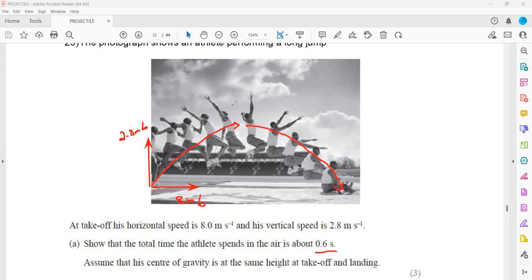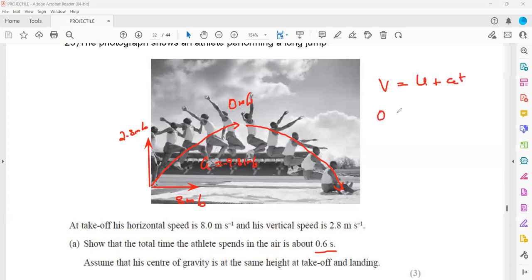So the vertical component will be 0. It's on Earth, the expression will be deceleration due to gravity 9.81 meter per second square. So we'll use the equation of motion v is equals to u plus at.